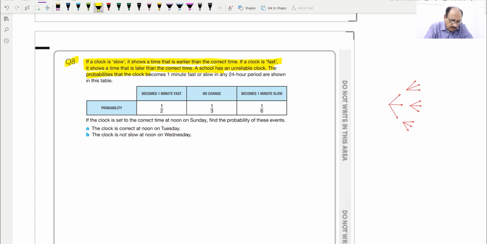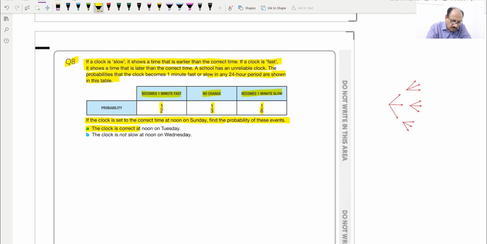The probabilities that the clock becomes 1 minute fast or slow in any 24-hour period are shown in this table. If it is fast, the probability is 1/2, no change probability 1/3, and slow probability is 1/6. If the clock is set to the correct time at noon on Sunday, find the probability of these events.